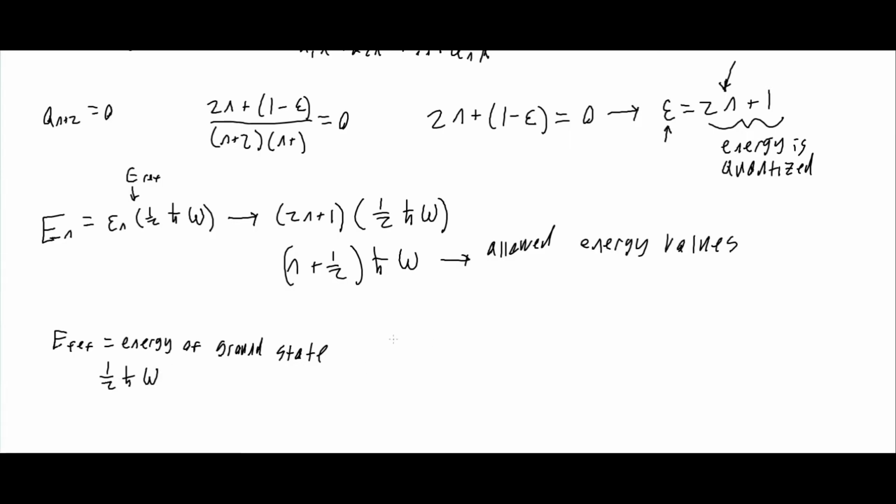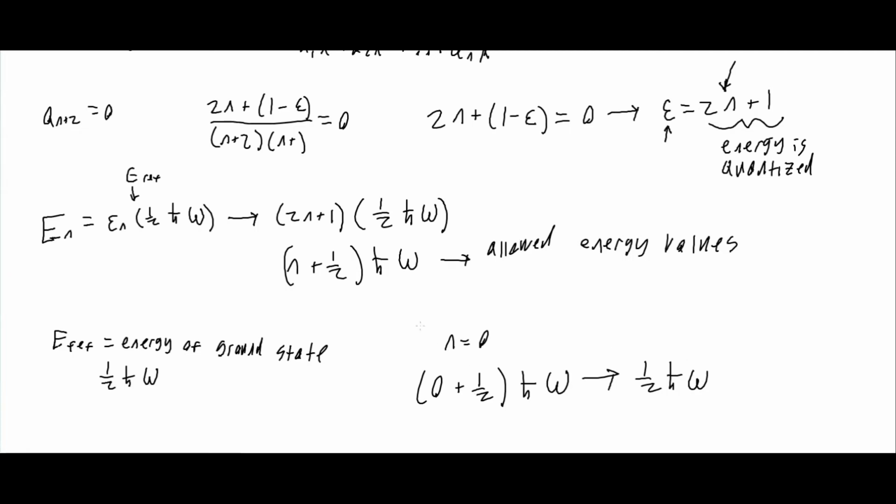Well, we see that if we set n equal to 0, so that we have 0 plus 1 half times h bar omega, this is just 1 half h bar omega.